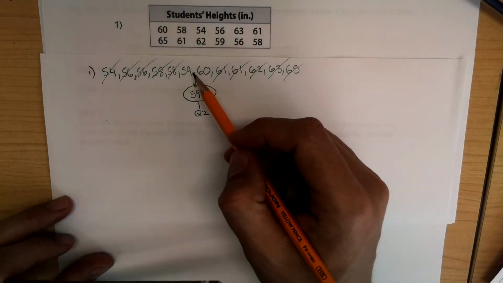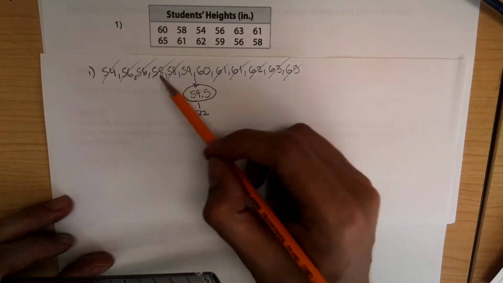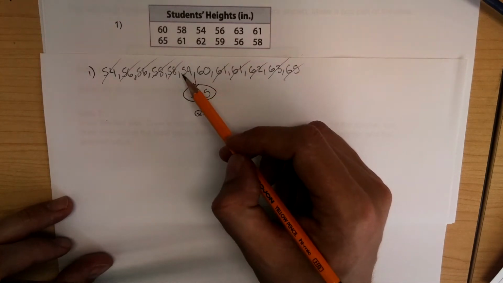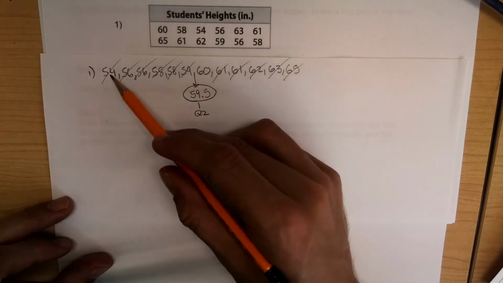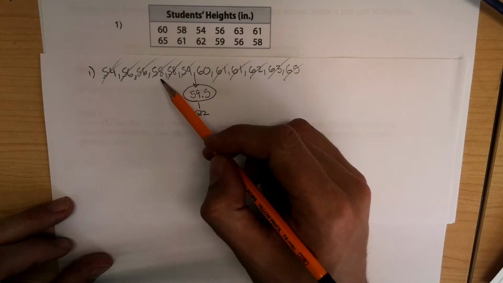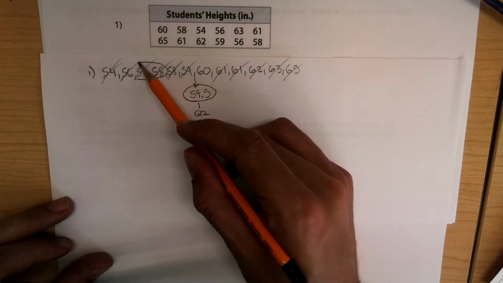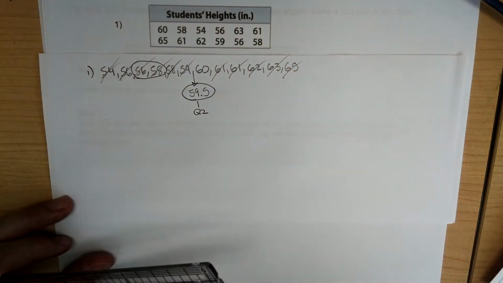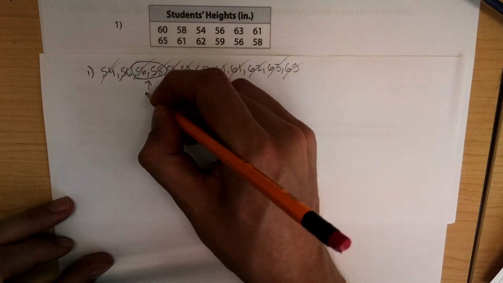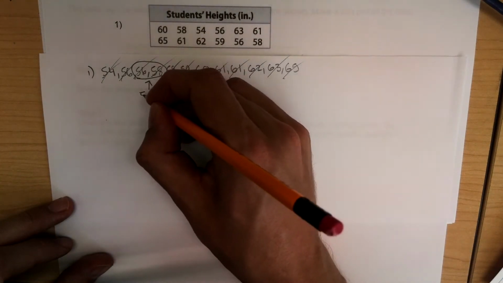Now I have to find the median of the lower half of my data. I have 6 numbers here, so I'll start off crossing off again, and I'm left with just 56 and 58. In between 56 and 58 is 57.